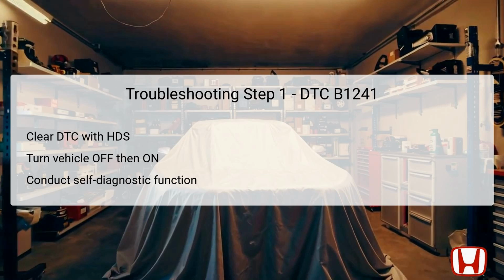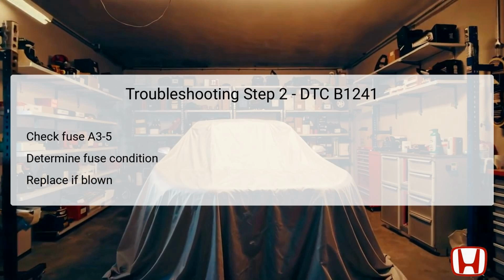Following this, execute the self-diagnostic function using the HDS or the climate control unit to scan for current DTCs that may indicate ongoing issues. If DTC B1241 reappears during this check, the failure is confirmed, allowing you to proceed to step 2 in the troubleshooting process.